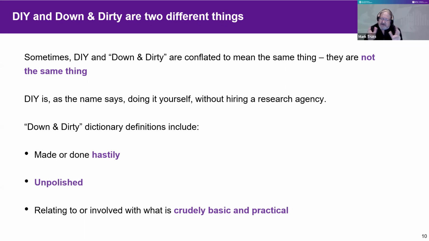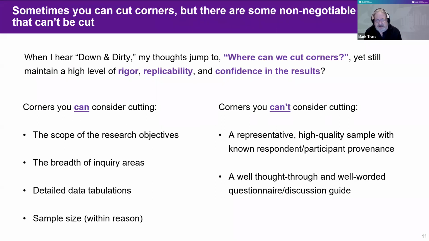So those are two very different things. One is a measure of rigor, robustness, and quality, down and dirty. And DIY is a measure of just who's doing it. Am I subcontracting it or am I doing it myself? And so they are two very different things.